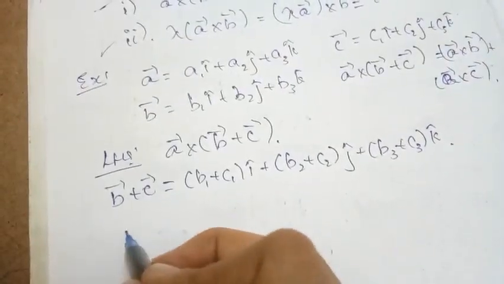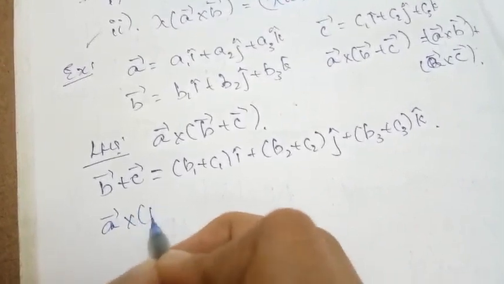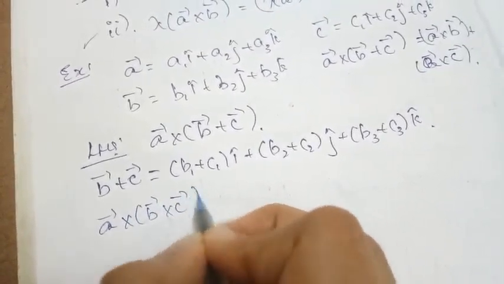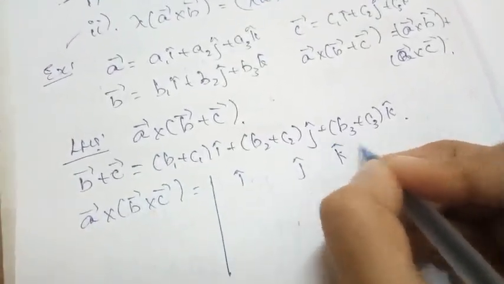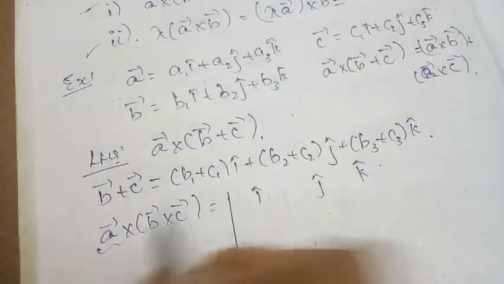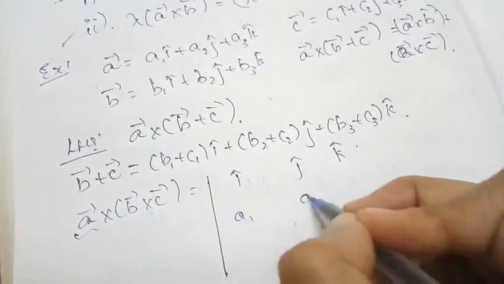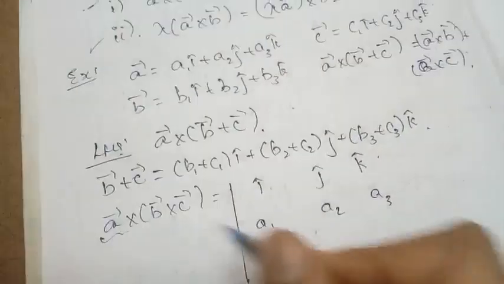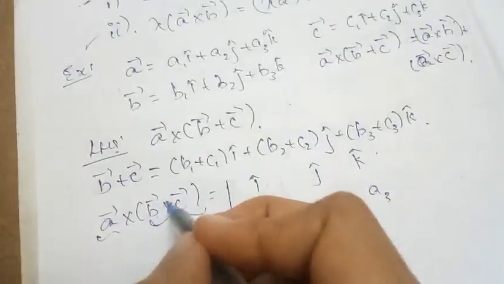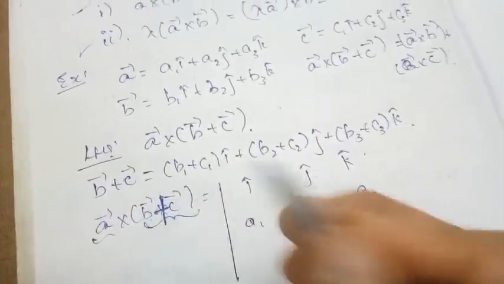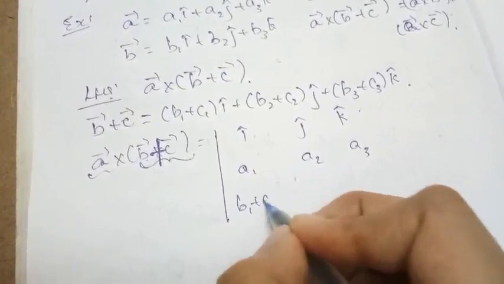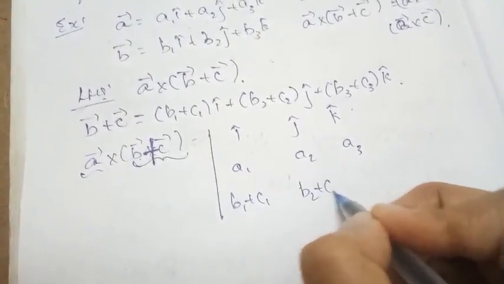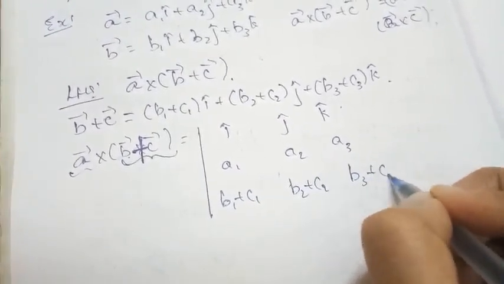Now we need to take the cross product of these two vectors. So that is i cap, j cap, k cap in the first row, the components of the first vector, a1, a2, a3, in the second row, and in the third row the components of b plus c: b1 plus c1, b2 plus c2, b3 plus c3.